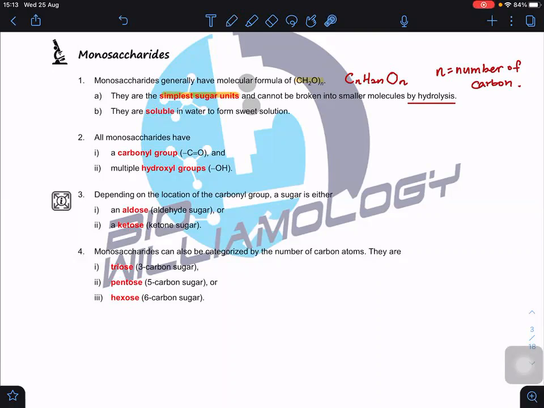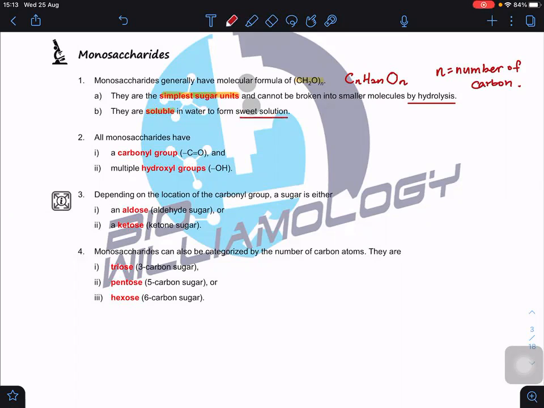Hydro means water, lysis means break, so it cannot be broken down by using water molecules. Are you clear? And all monosaccharides are soluble in water to form sweet solutions.